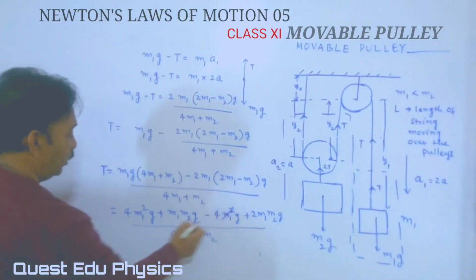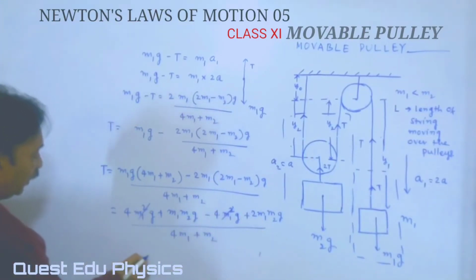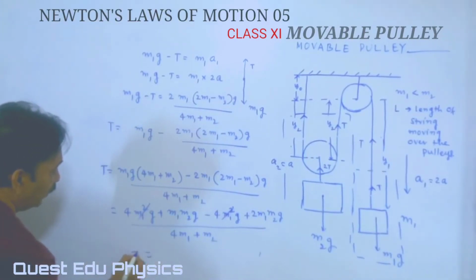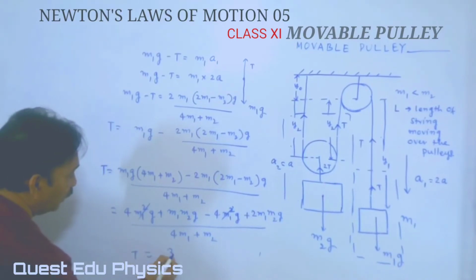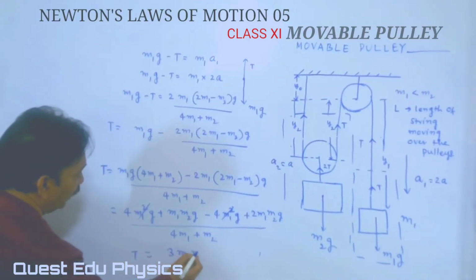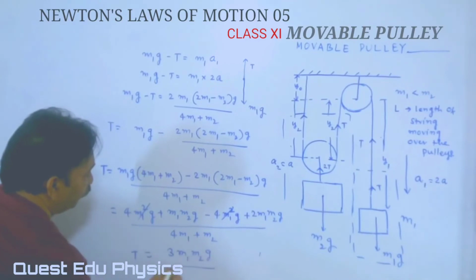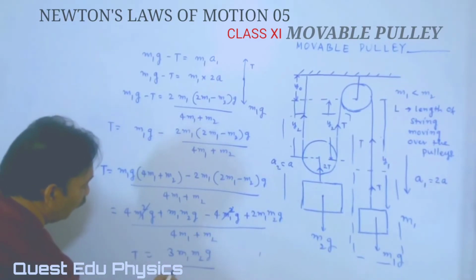Similar terms get cancelled and we get tension is equal to 3M1M2g by 4M1 plus M2.